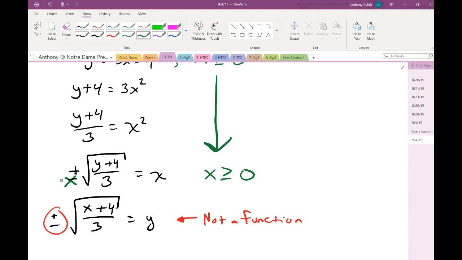This is the reason why I like to do the swapping of x and y's last. Remember we talked about the other day that it usually doesn't really matter when you do that. But the restricted domain doesn't make a lot of sense in how to use it to get rid of the plus or minus if you swap the x's and y's in the beginning. You know what I mean? So this is the reason why I like to do that as the last step.